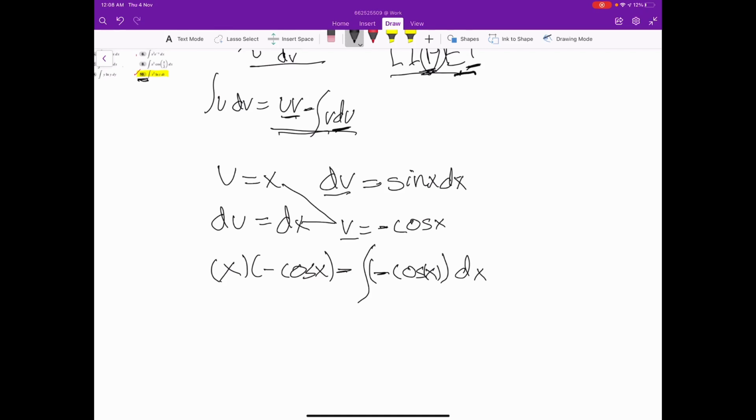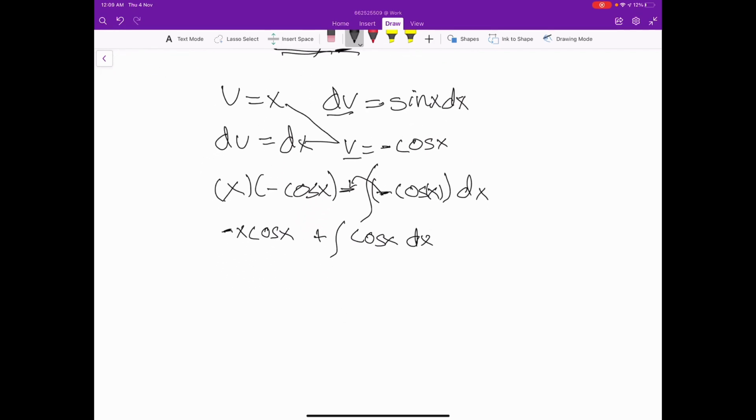All right, let's simplify. We write minus x cosine x. We will take this minus outside since it's like a coefficient. So we'll do plus integral of cosine x dx. And now it's obvious, it's very easy.